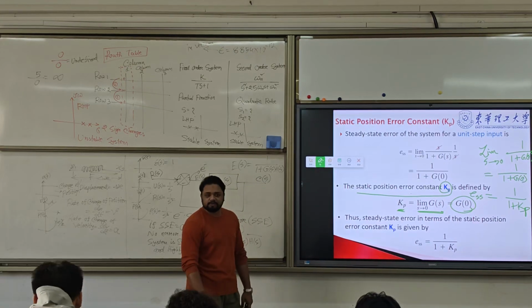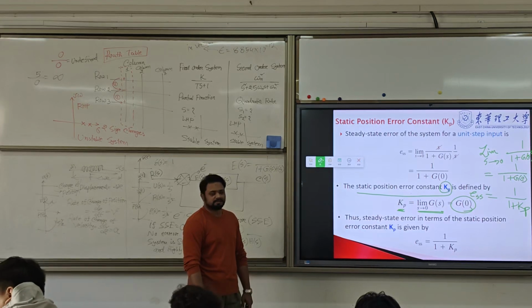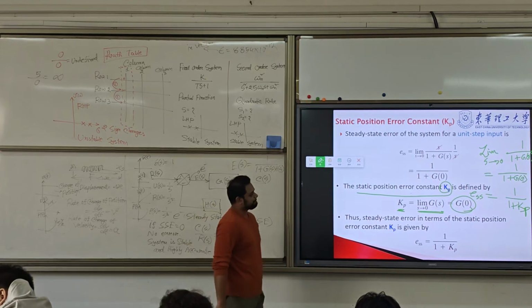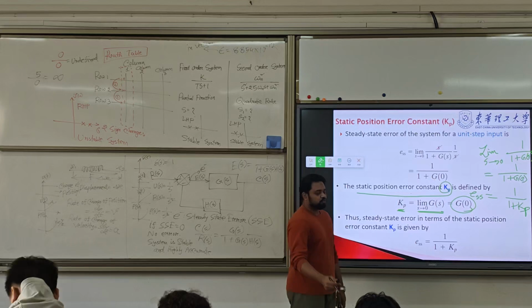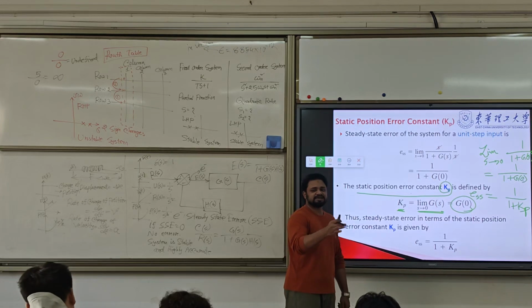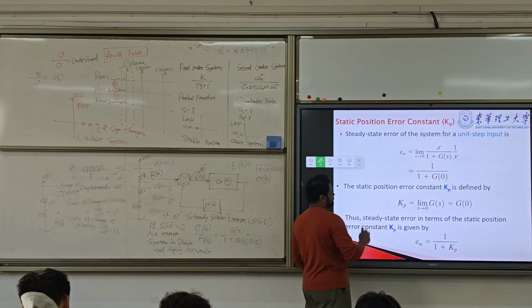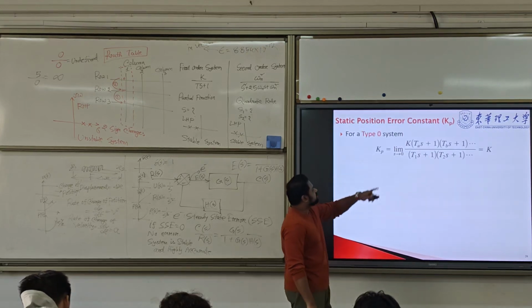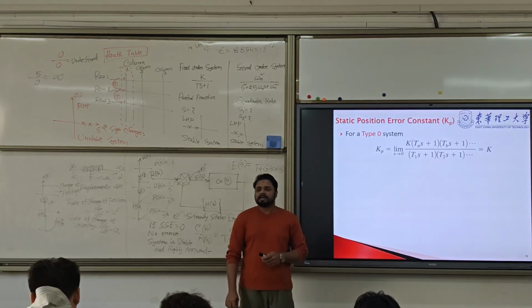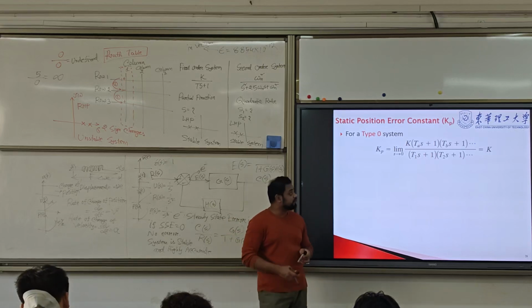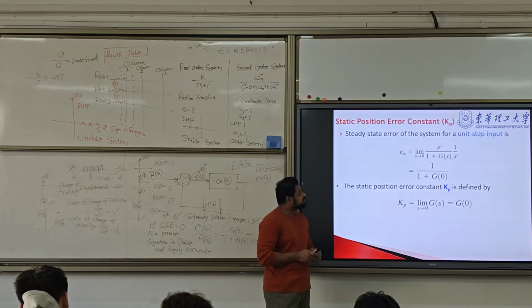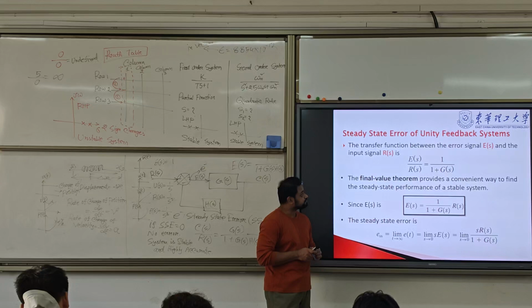Now what is the value of Kp? You need to find out the value of Kp. How do you find the value of Kp? We need to apply different type systems, type 0, type 1 and type 2, to find the value. For the type 0 system, we have an equation. How do you find this equation? This equation I already showed you here.